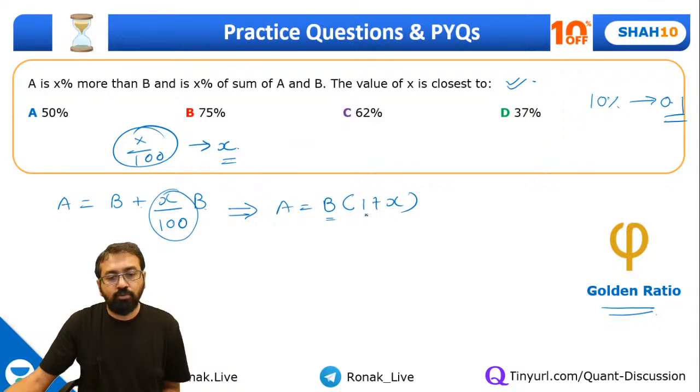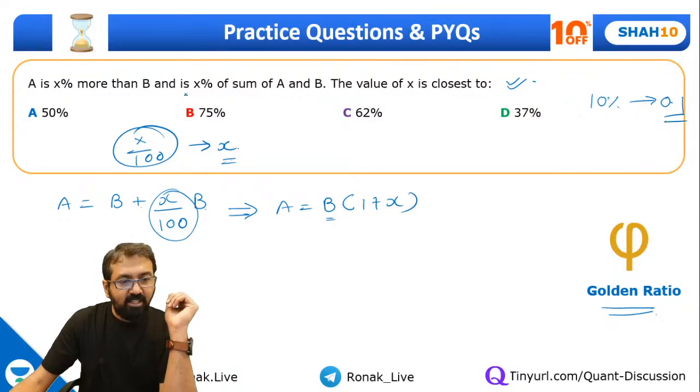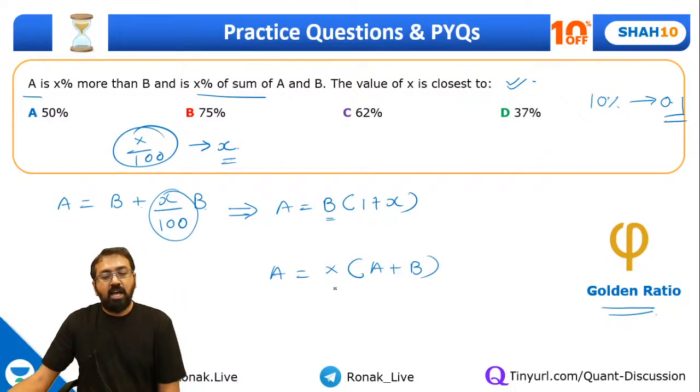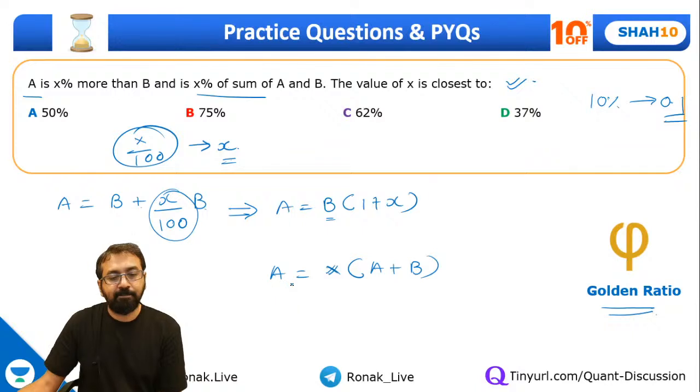B is a common factor, so A is equal to B into 1 plus X. And A is X% of the sum of A and B. So A is equal to X% of the sum of A and B. X% means we are just writing X instead of X by 100. So this is X into A plus B. Are you getting this point? Right? Okay.